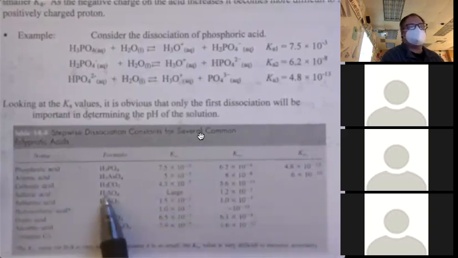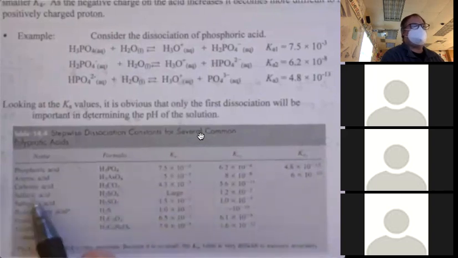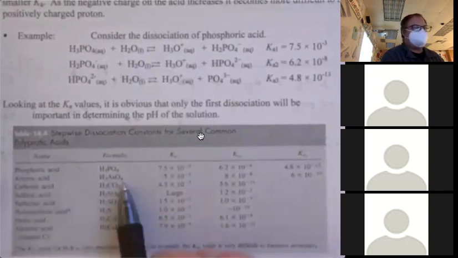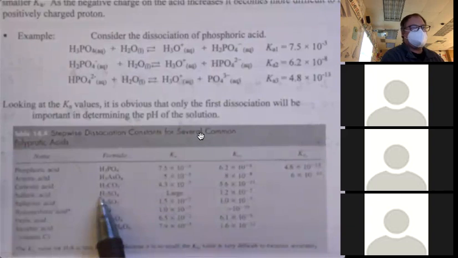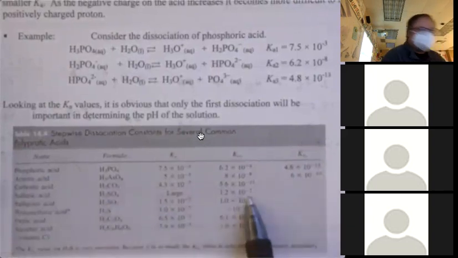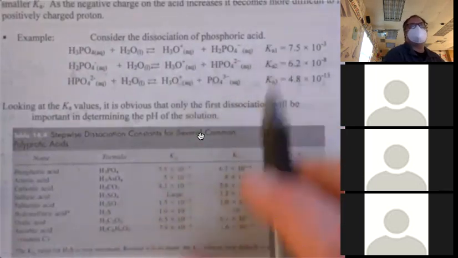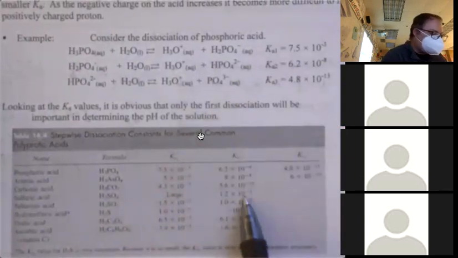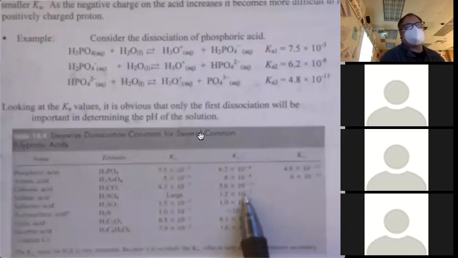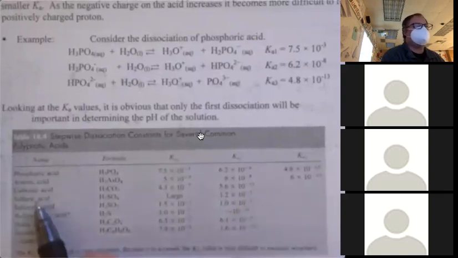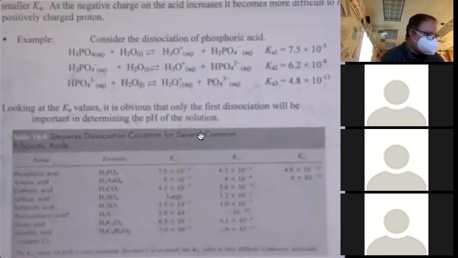It completely dissociates. So already, whatever the concentration of this acid is, that's your hydrogen ion concentration. The second one, in reality, is actually more likely than the first from the H3PO4. But the second one could affect the pH depending on your concentration. So just keep that in mind.